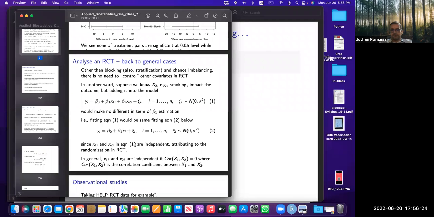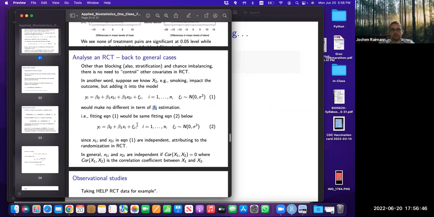Therefore, the effect will be equal in both groups. So on a population level, you can take this out of the equation, because it will make no difference in your estimate of the beta one, which essentially is your assignment to the treatment.